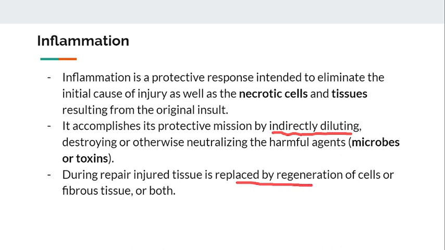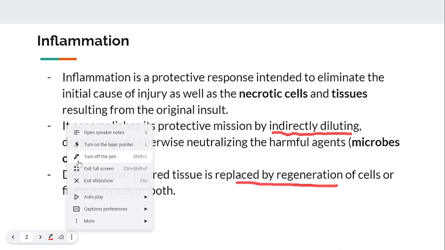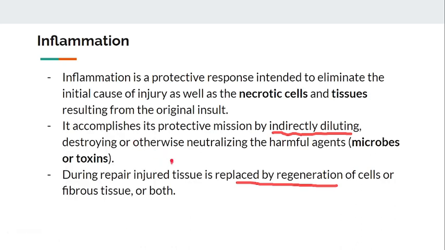This is the type of repair which occurs in cells that are able to regenerate. Some cells are permanent, and once they have been destroyed, once they have gone through inflammation, they cannot return to the original cells. So that's repair by regeneration.